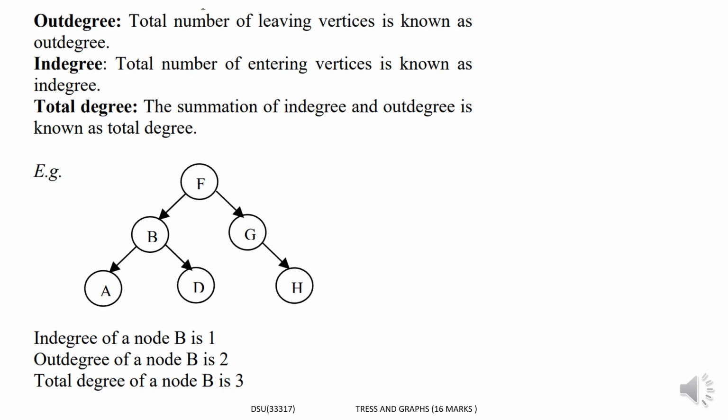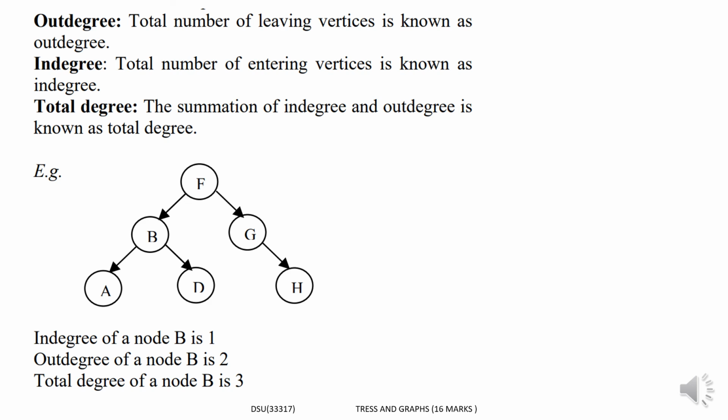So F has 0 out degree, B has 1 in degree, and the out degree of node B is 2, because B goes to E and B goes to D. Then the total degree of node B is 3, meaning in degree plus out degree, 1 plus 2.